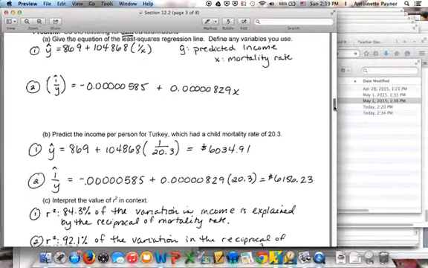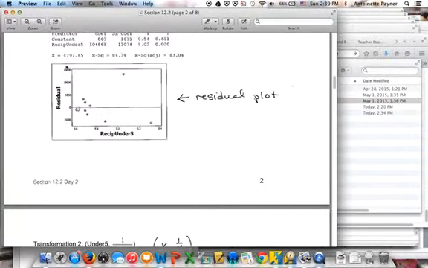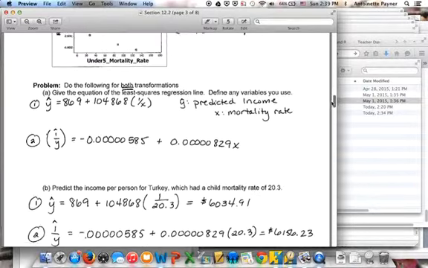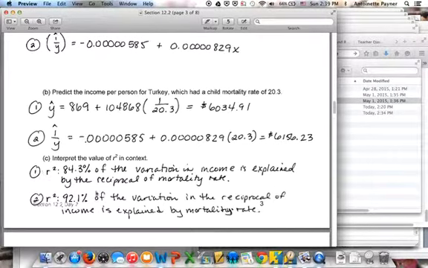Each of these graphs has a different r squared. Just looking at the computer output, there's the r squared for the 1 over x transformation, and here's the r squared for the 1 over y.